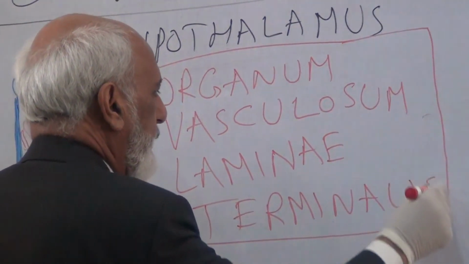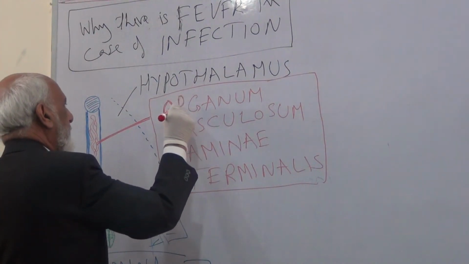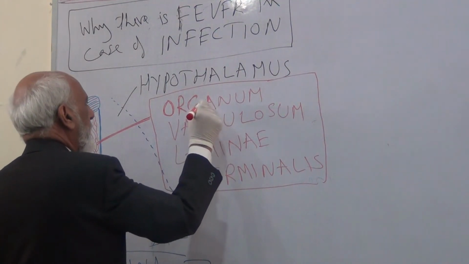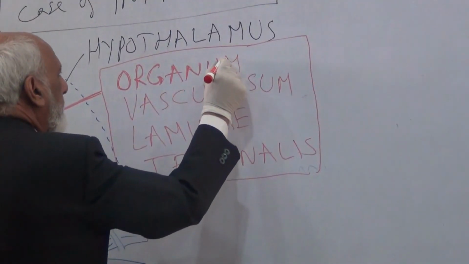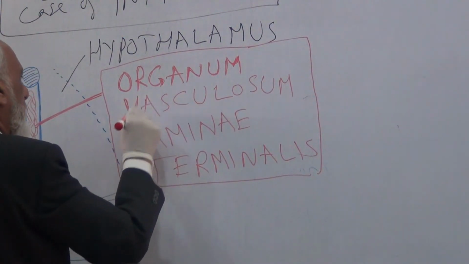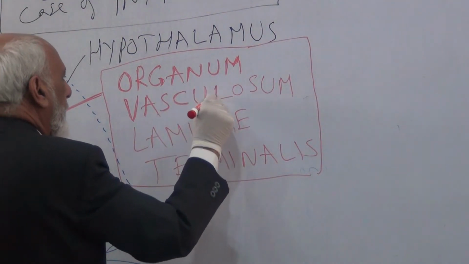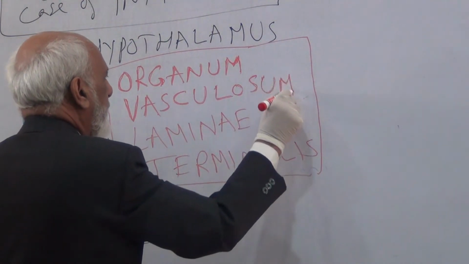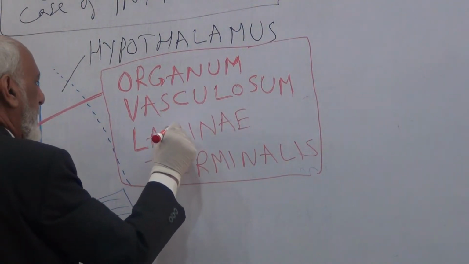It appears to be a difficult terminology. Organism, organ, organum, not organism, organum, derived from organ. Which type of organ? A vascular organ, vasculosum. And as it is located in the lamina terminalis, it is called laminae terminalis.